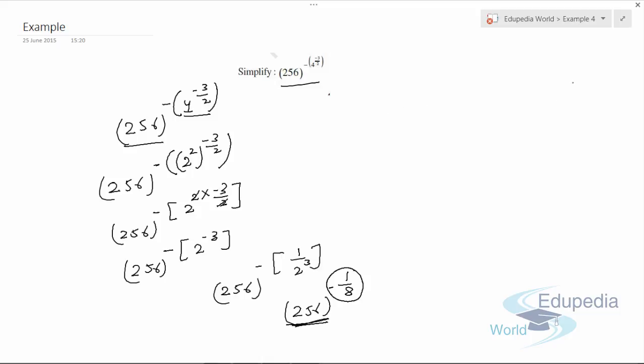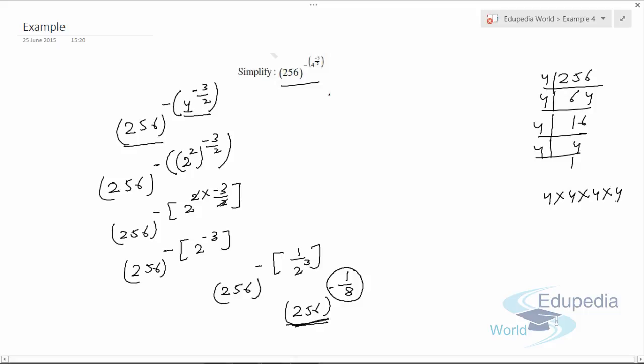So we will solve this number 256 now. Let's factorize 256. Let's do it with 4. 4 sixes are 64, then 4 16s, then 4 4s are 16, then 4 raised to power 1. Now clearly 256 can be written as 4 into 4 into 4 into 4.